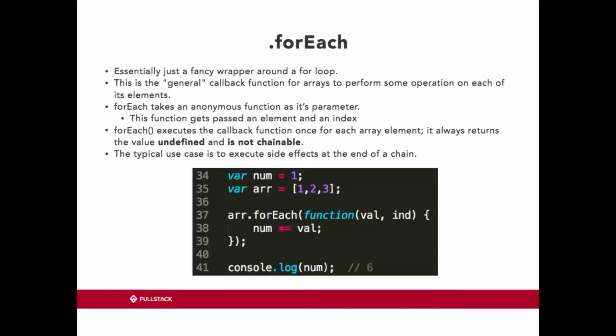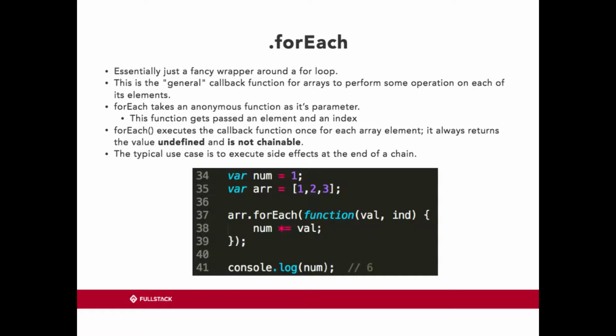So when we do arr equals 1, 2, 3, and we do that forEach, this function is going to execute on the 1, on the 2, and on the 3. The first argument I'm going to give you is the value of whatever element I'm operating on. So in this case, val is going to be 1 the first time the forEach loop runs, and the second argument is going to be the index of the element.